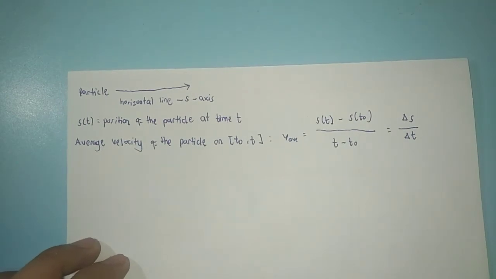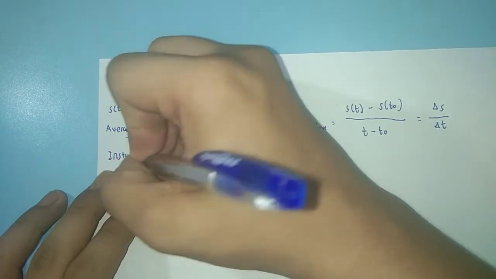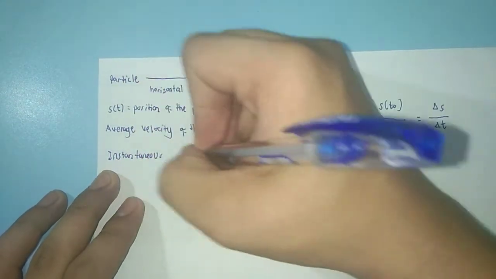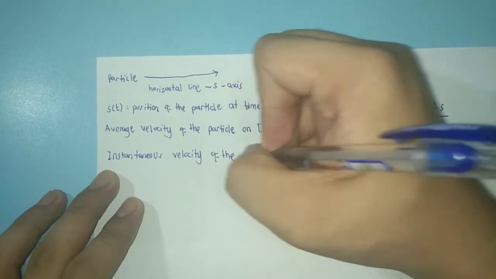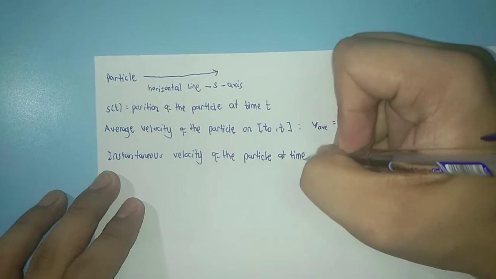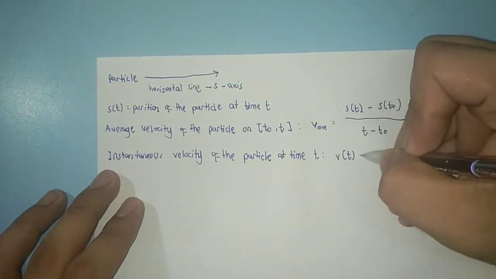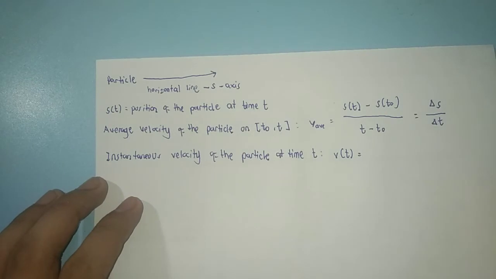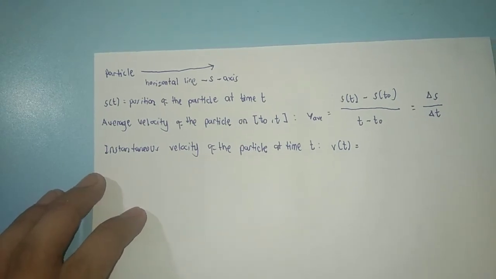So kapag kukunin naman natin yung instantaneous velocity ng particle at time t, ang formula natin dyan, V of t will be, di ba kapag instantaneous rate of change, kukunin lang natin yung derivative.